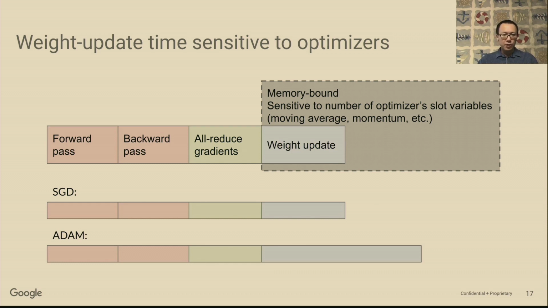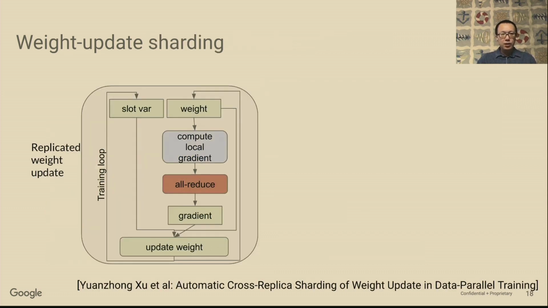For example, Adam optimizers are usually 2 to 3 times slower than SGD because they have two more slot variables. So we noticed that in this training setup, all the weights are replicated across all the replicas, and so are the corresponding weight update operations. So an intuitive way to speed this up is to shard the weight update operations.